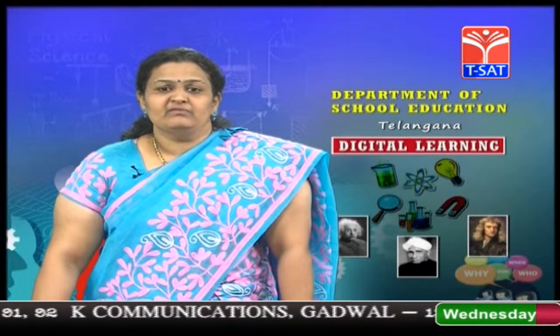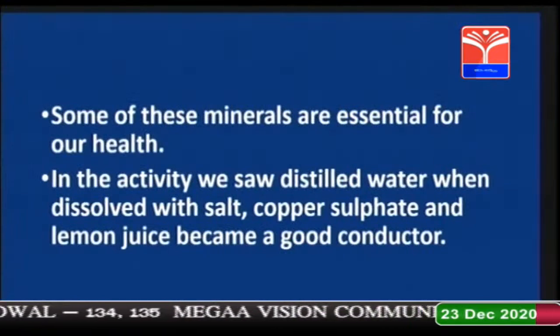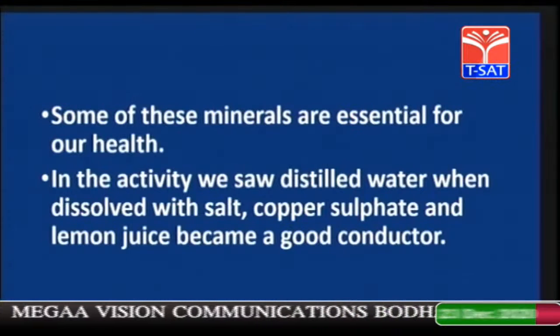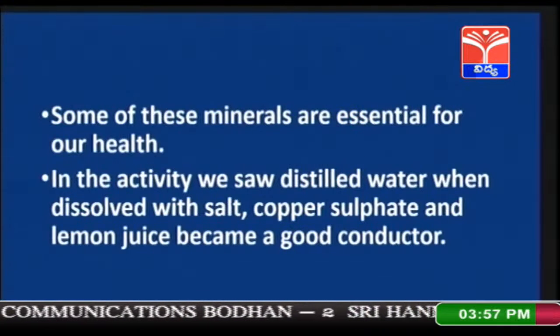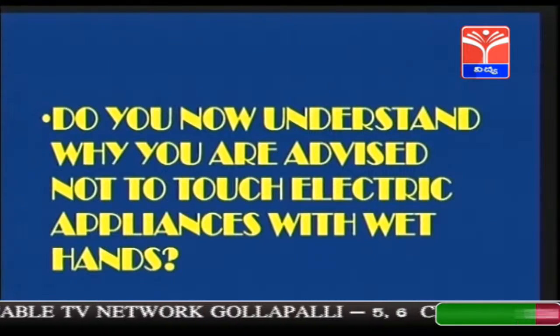In the activity that we saw, distilled water when dissolved with salt, copper sulfate and lemon juice became a good conductor of electricity. Now children, I hope you understand why we are not supposed to touch electrical appliances with wet hands, because the rainwater, the groundwater, the tap water, all these waters have some salts and minerals present in them which cause the water to be a very good conductor of electricity.